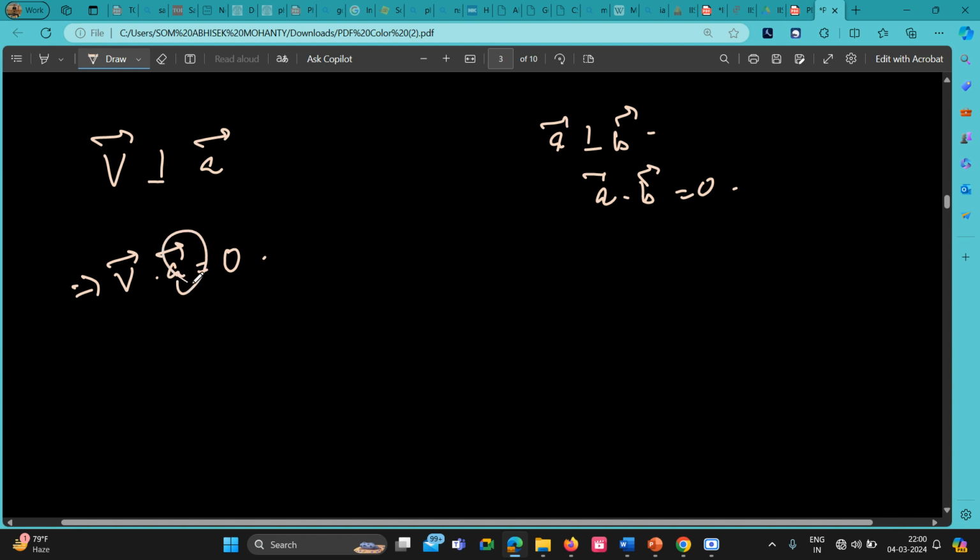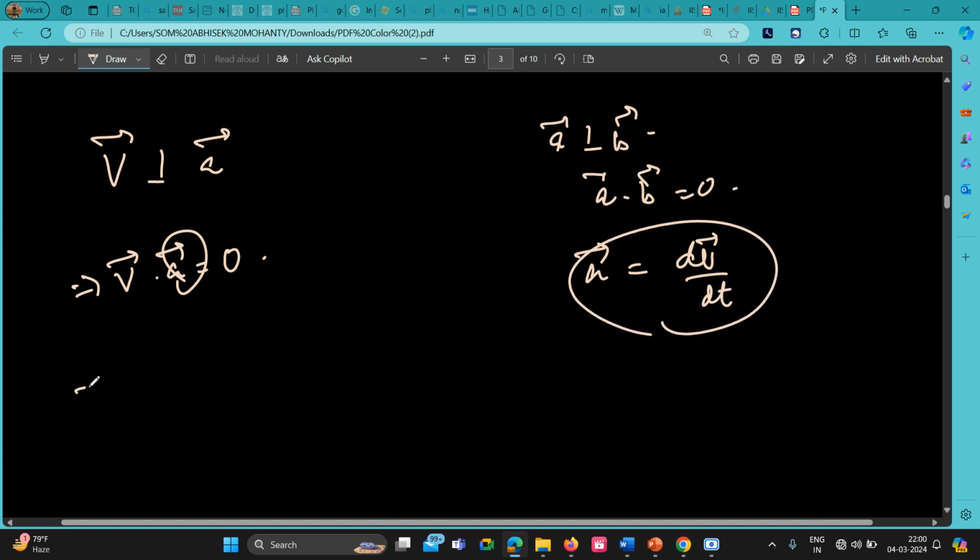Now what is the acceleration? Acceleration can be written as dv by dt, the rate of change of velocity, right? So v dot dv by dt is equal to 0. I can multiply 2 on both sides, so 2 v dot dv by dt is equal to 0.